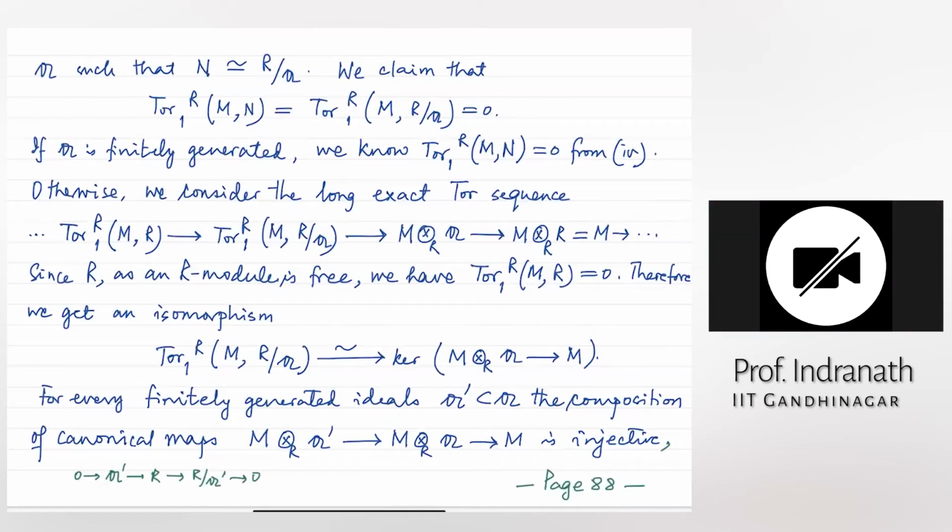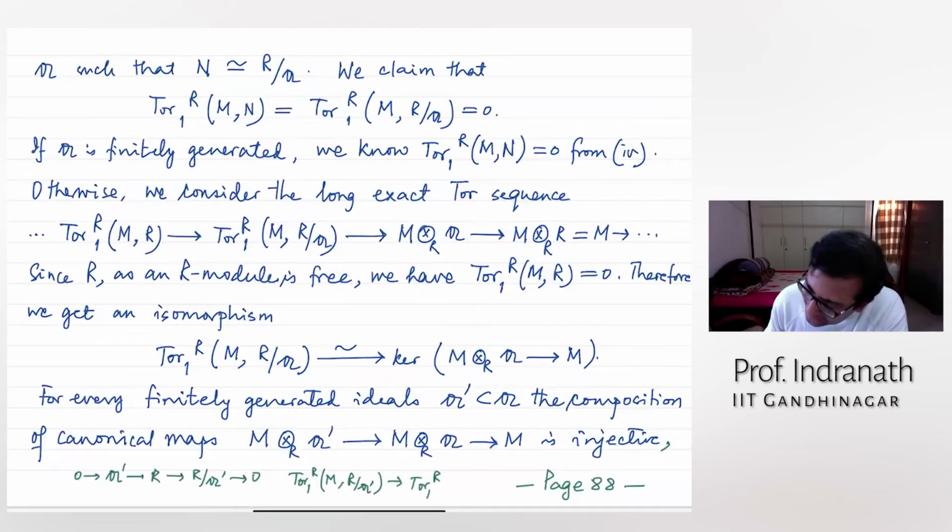Okay. Now, we will get a map from Tor1 of M, R modulo A' to Tor1 of M, R modulo A'. Just a minute. Then Tor0 will be A' tensor M. What will be the module after this?